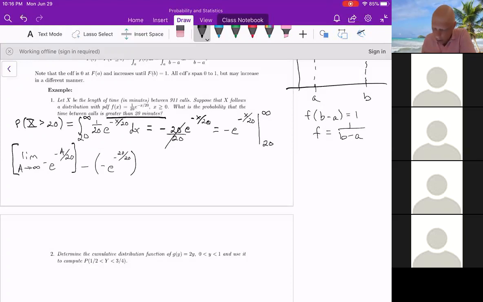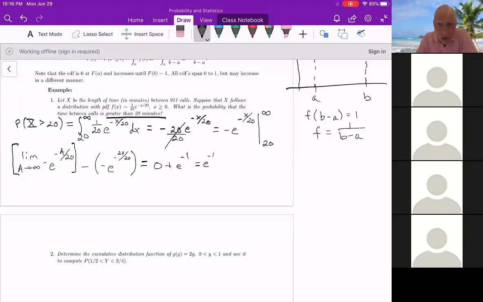And so when I follow through on the limit, as a goes to infinity, that power gets larger and larger, but more negative. So it's like 1 over a really, really large number, which is 0, minus a negative, which is plus, e to the negative 1, which is e to the negative 1.